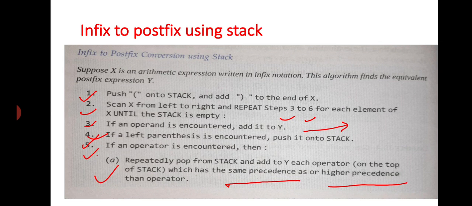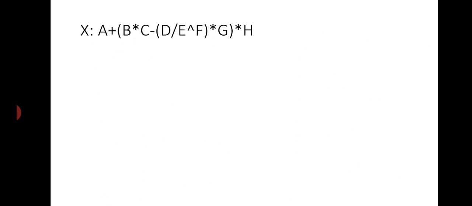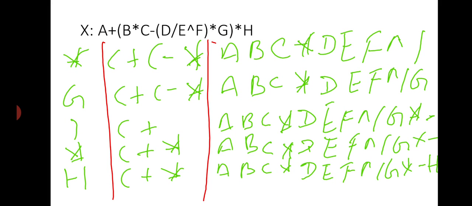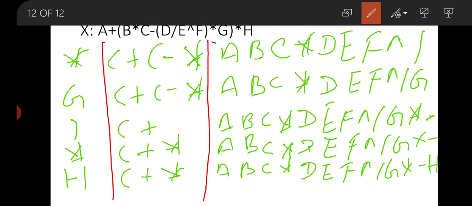Push left parenthesis onto the stack and add right parenthesis to the end of x. Now we have reached the end of x, that's why we have to put the right parenthesis.